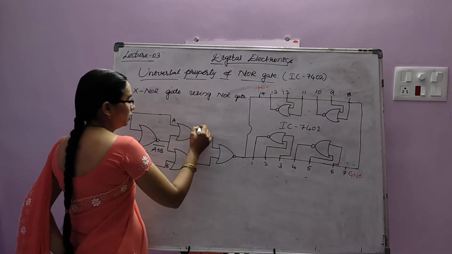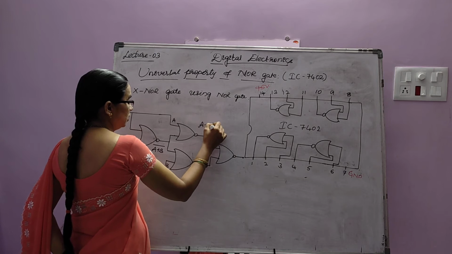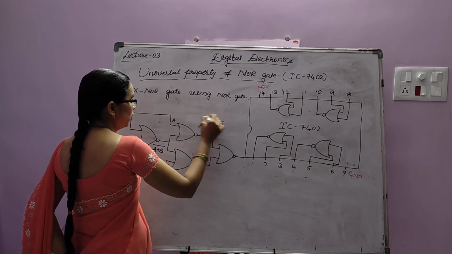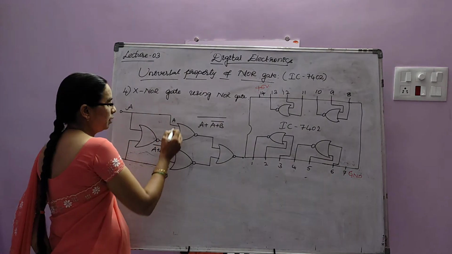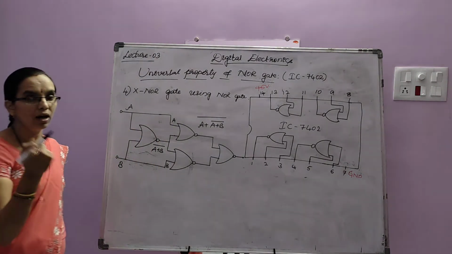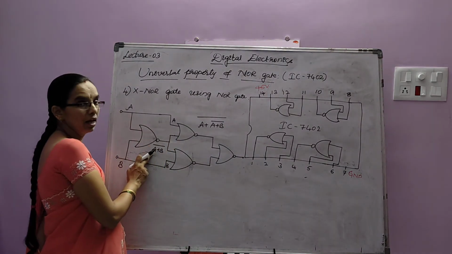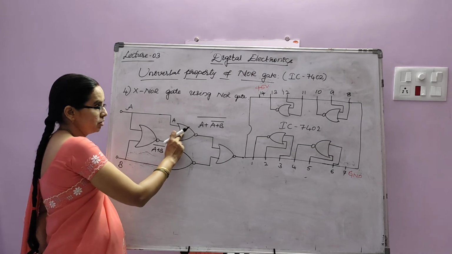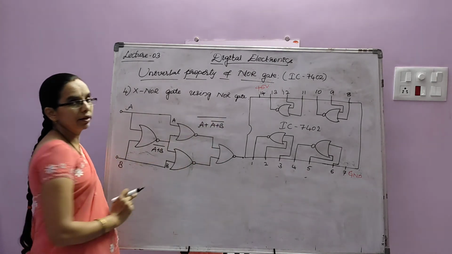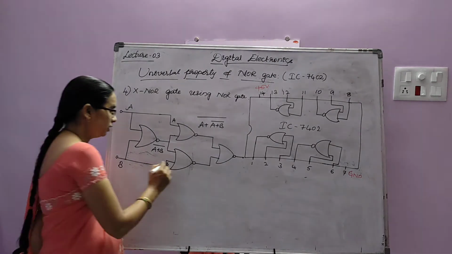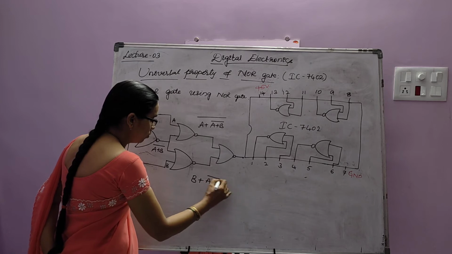So at this point I will get (A plus B) whole bar, because if A and B are the inputs, it is A or B whole bar. Here A and this (A plus B) whole bar are the inputs of this gate: (A plus (A plus B) bar) whole bar. Here, (B plus (A plus B) bar) whole bar.